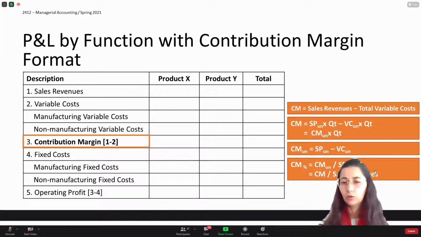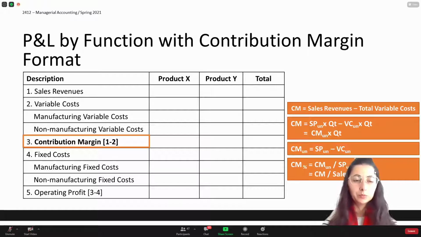So we can calculate the contribution margin as sales revenues minus variable costs. In total, we can calculate per unit, and we can also calculate the contribution margin as a percentage of sales revenues. And this is very important when managers want to make decisions in the short term.